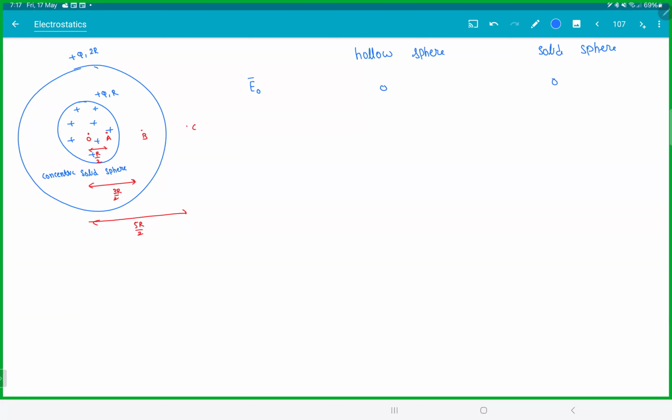The only thing you have to see is whether the point is inside or outside. If inside, use the inside formula; if outside, use the outside formula. Potential at O for the hollow sphere, inside, is KQ by 2r, remember the radius is 2r. For the solid sphere, it is 3KQ by 2r. Just add them, you get the answer. You're getting how I'm doing? So do it for A now. Like that, you find the field and potential due to each of them and then add them. Field is a vector quantity, so you add in terms of directions.